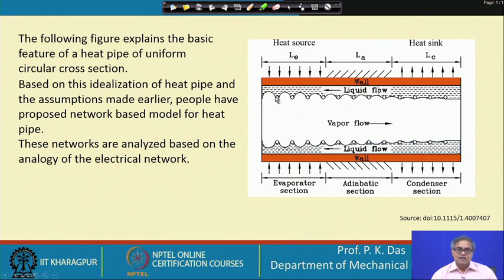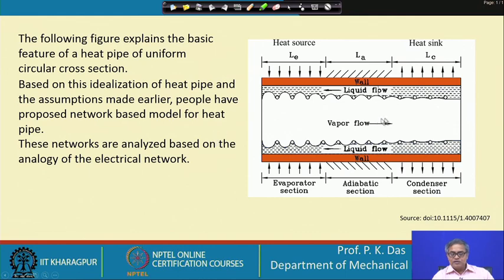the interface, there will be a pressure difference. So, this is called capillary pressure, and this pressure difference is very important for the operation of the heat pipe. Basically, this is the driving force for the liquid circulation, for the fluid circulation. So, what is the fluid circulation?